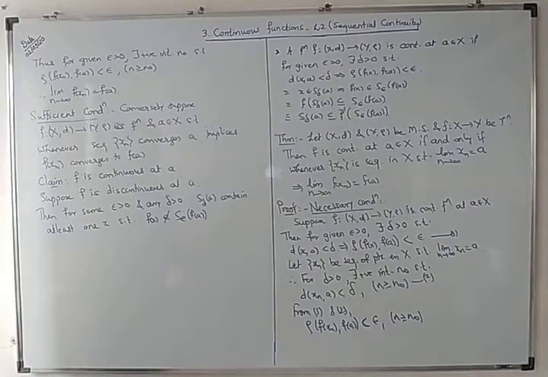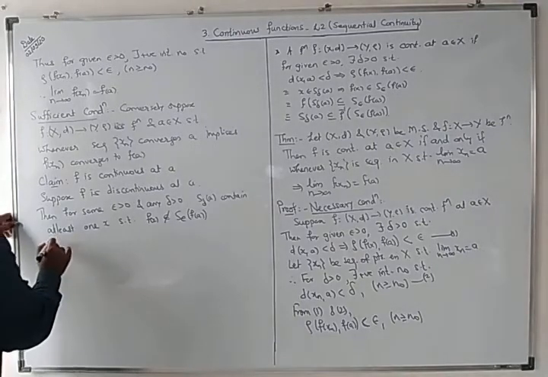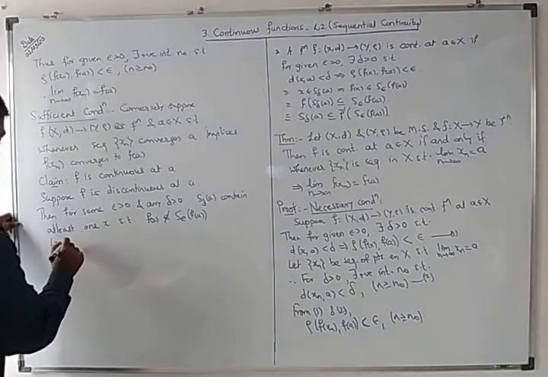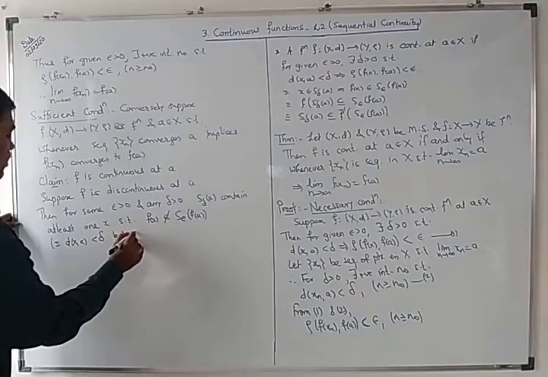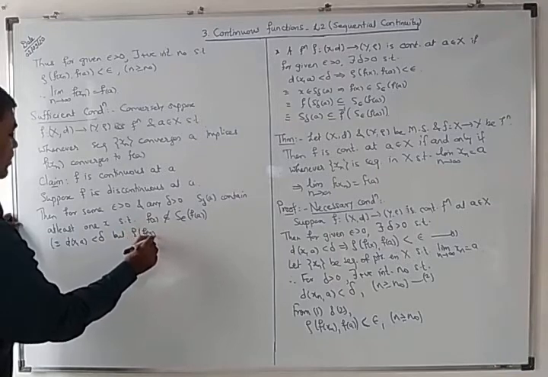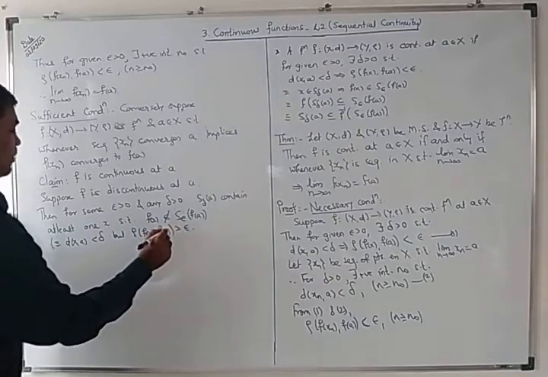Is it clear? That is, this is equivalent to d(x, a) less than delta, but rho(f(x), f(a)) greater than or equal to epsilon.